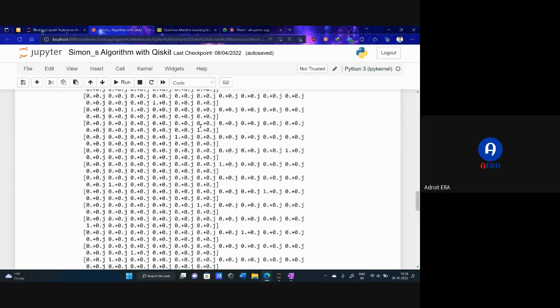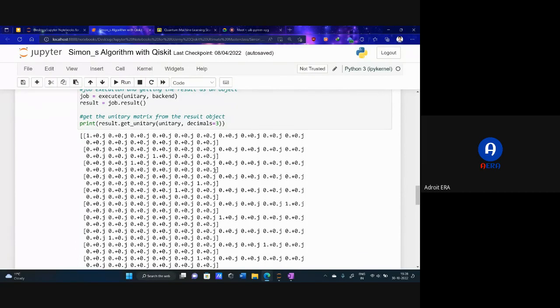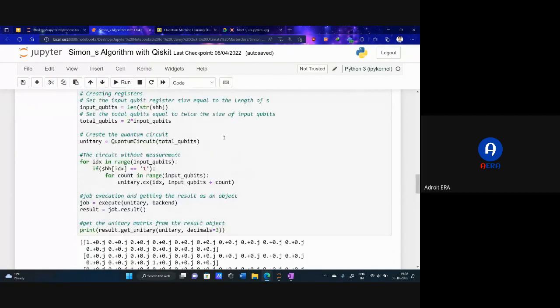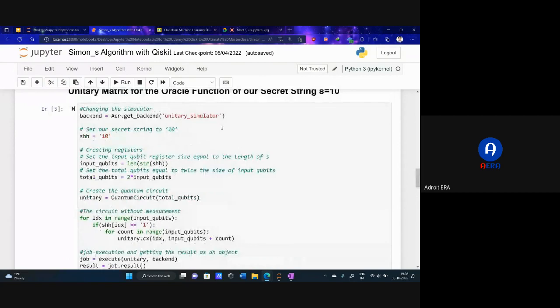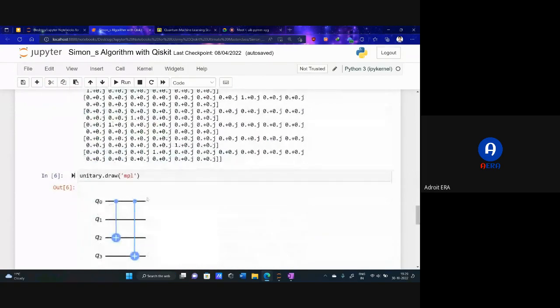Since it is 4 qubit, what will be the size? 16 cross 16, right? 2 to the 4, 16 cross 16. So this is the 16 cross 16 matrix, that's why it looks so large, right? So again, this is optional. You already know what a unitary simulator is, so you can do it for anything if you like. This is just an optional step.